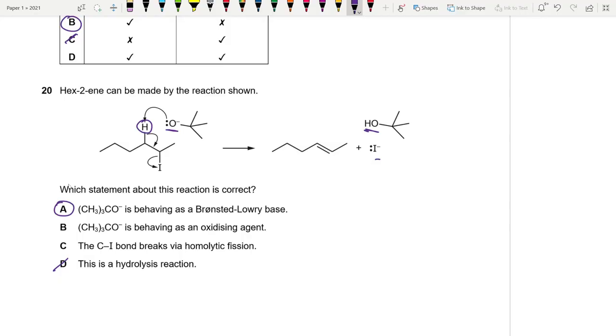Is it though? No, this is not an oxidation reaction. Okay, it's an elimination reaction. It's not classified as oxidation, reduction or redox. You need to remember that. There's no change in oxidation number, so B is also wrong.